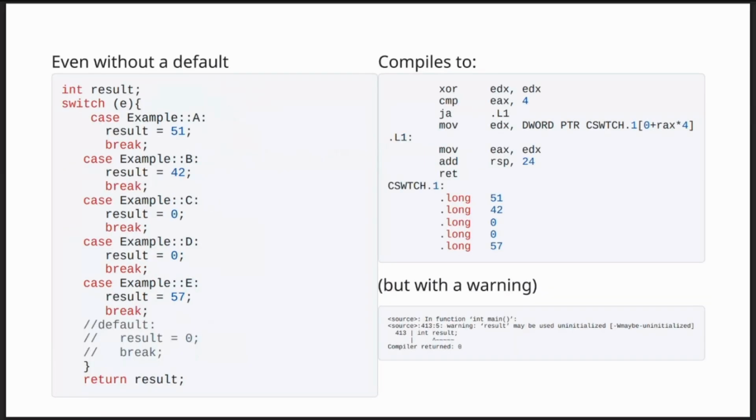Funnily enough, I tested this earlier today, and even without a default case, we still get this jump above, and it compiles to the same assembly, but we also get a warning that says that our result may be uninitialized. Now, it's still XORing our result with itself, initializing it to 0 here.